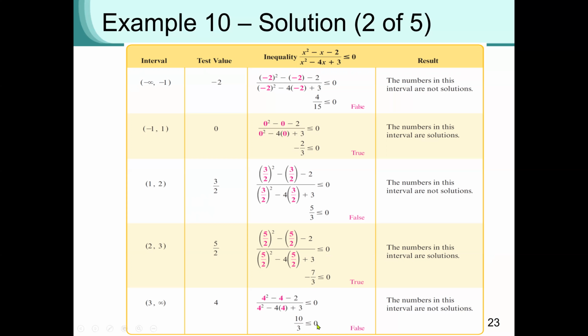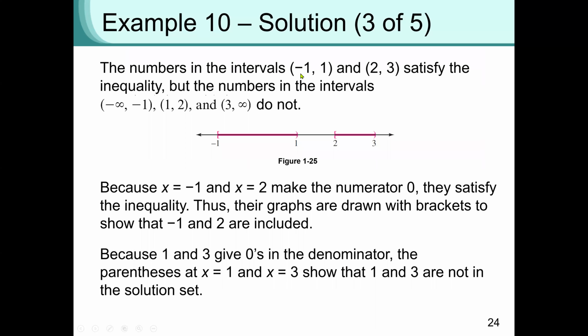It's greater than 0. It's not less, so that's false. So we have only two truths, which are the intervals -1 to 1 and 2 to 3. So we are going to write our solution as -1 to 1 and 2 to 3. Those are the ones that satisfy the inequality. The rest did not. And that will be the solution for this problem.